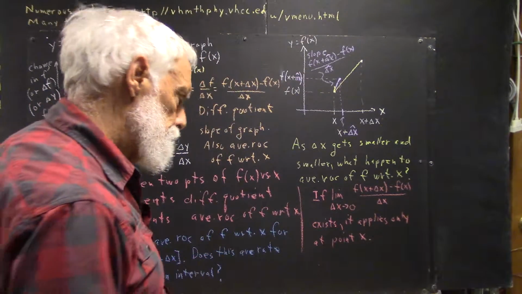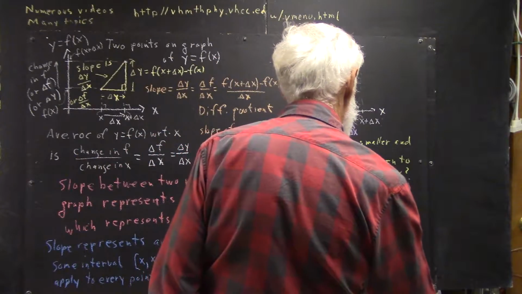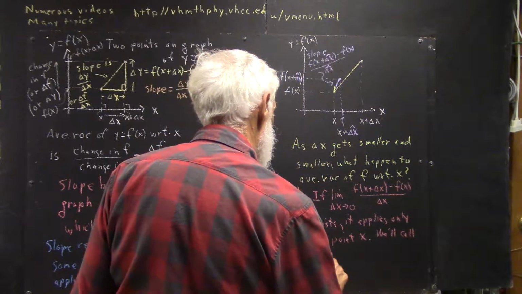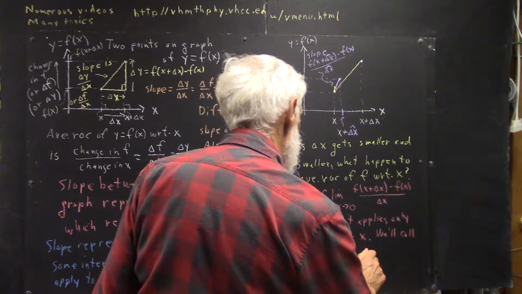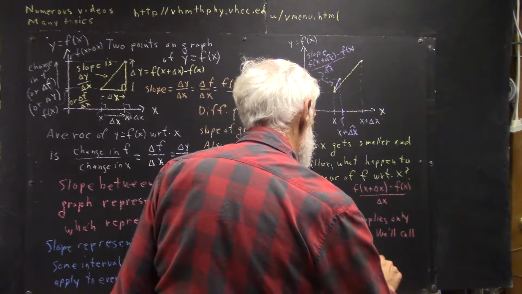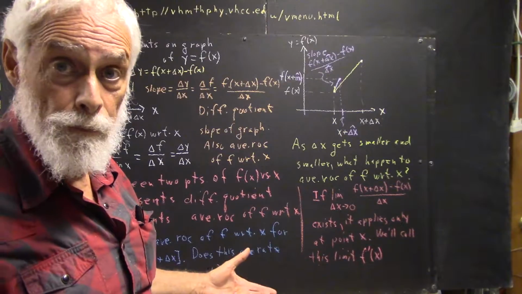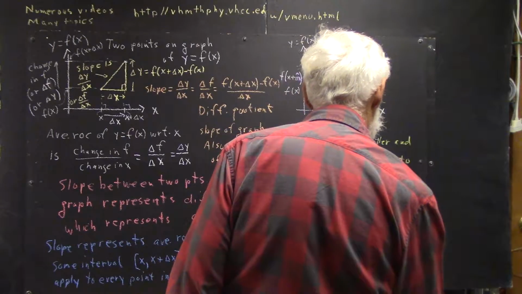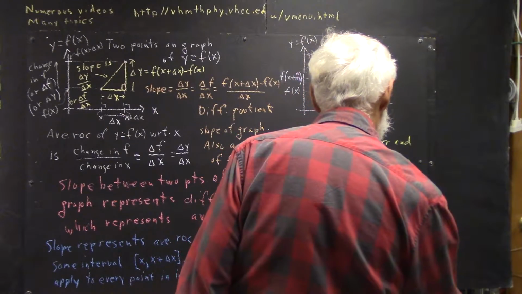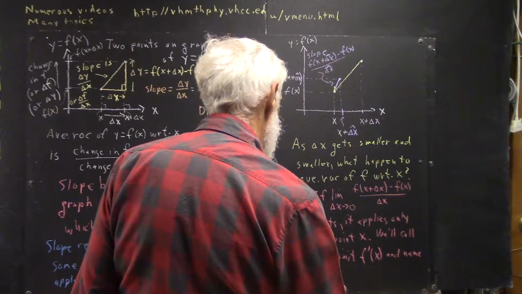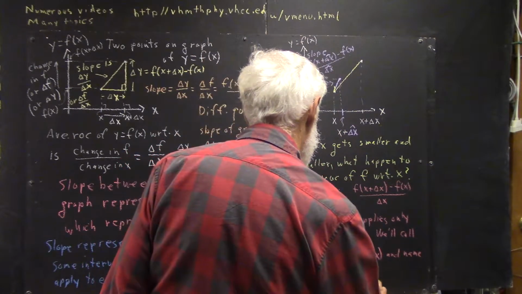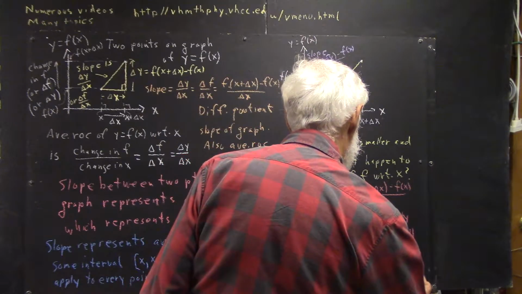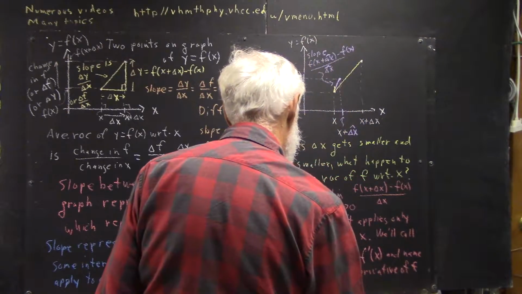Okay, so we call this limit f prime of x, and name it the derivative of f at x.